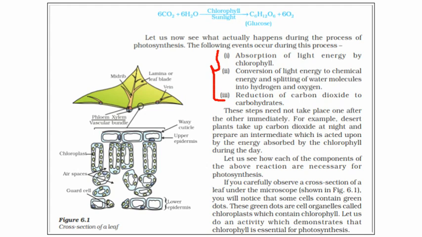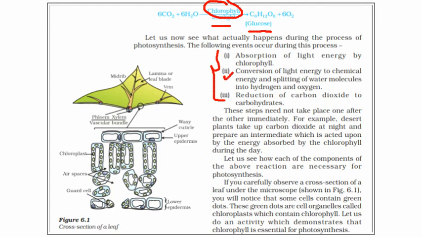First, the absorption of light energy by the chlorophyll. The absorption of light energy is obtained with the help of chlorophyll, and then it is converted into glucose.